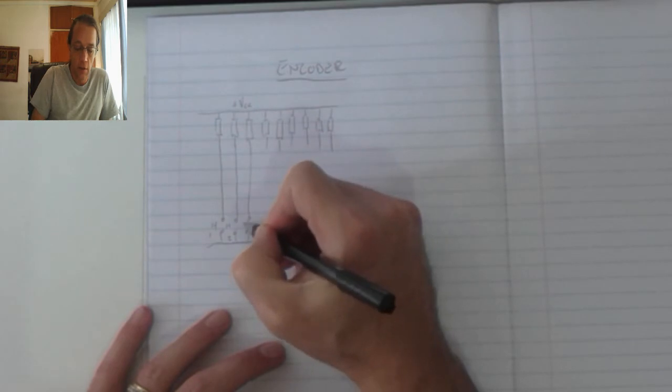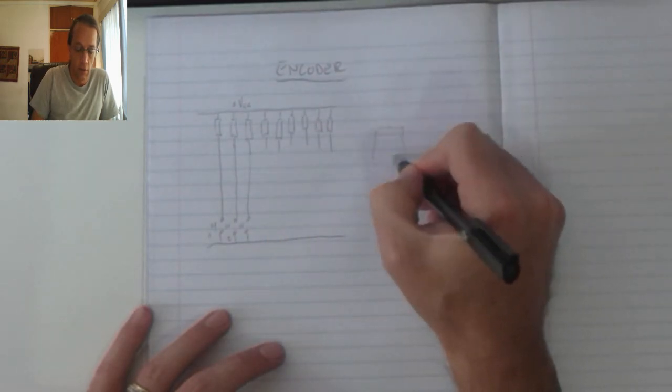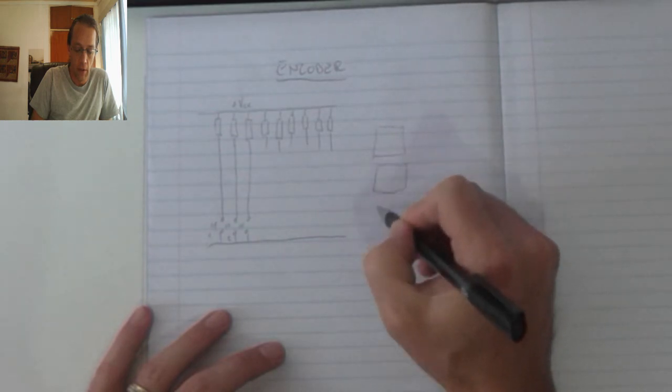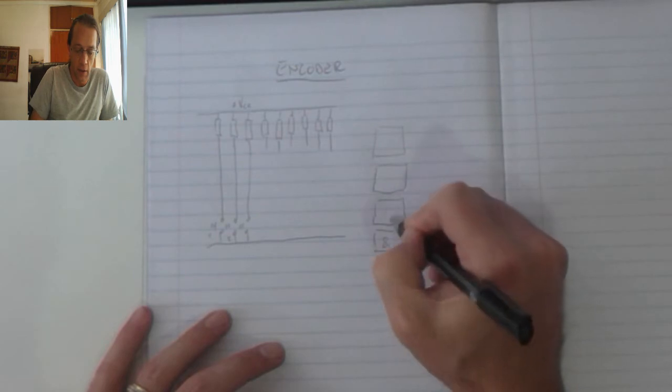Now each of these switches will then connect in some way to one of 4 NAND gates.